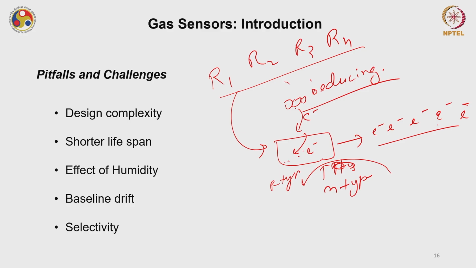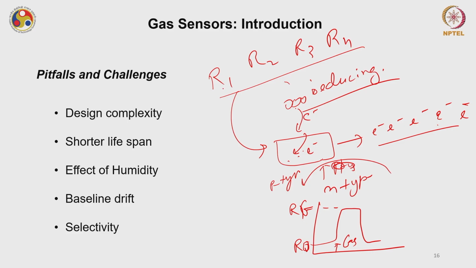Of course, we can classify them based on their adsorption energy or by other phenomena, but initially, all of these can donate electrons. If you quantify this, say this was the initial resistance R0, and this is the final resistance in presence of gas, which I am calling Rg. So initially the resistance was R0, and when I am subjecting it to some gas, the resistance is changing to Rg.